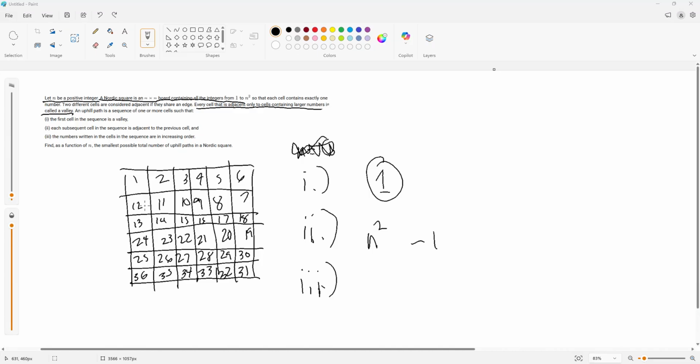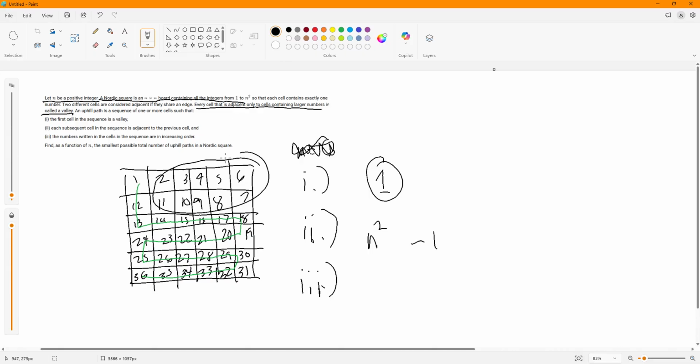Where was I again? Oh yeah, you could just arrange it like this. Let me label it in green. As you can see, all numbers are taken except for these numbers, and this is gonna be n minus 1 amount of numbers.